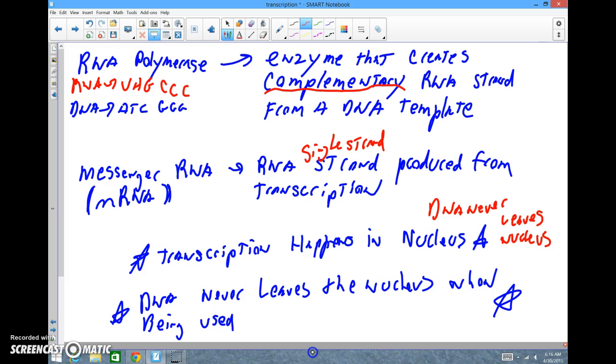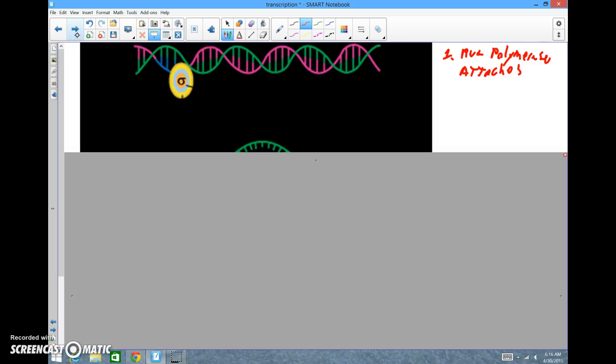Okay? So let's talk a little bit about the basics of this process. Now, we're not going to get into super complicated details here, but we do want you to understand the basics. So right here, I have DNA. The first thing that happens is RNA polymerase attaches to DNA. So this right here is my RNA polymerase.